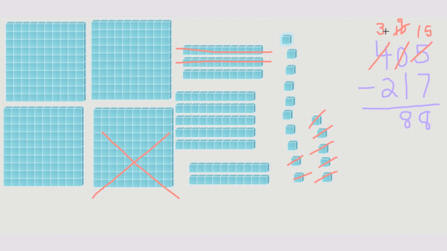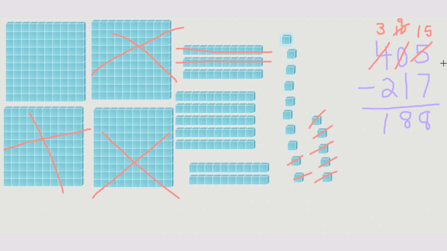Now I can move to the hundreds column. 3 minus 2. Do I have 2 hundreds flats that I can take away? Yes, I do. So I'm going to do it. 1, 2. That leaves me with 1 hundreds flat. So I'm going to write down 1 in my hundreds column.